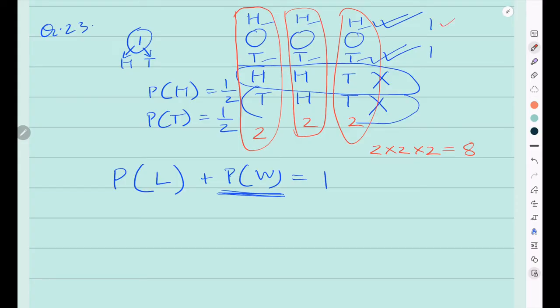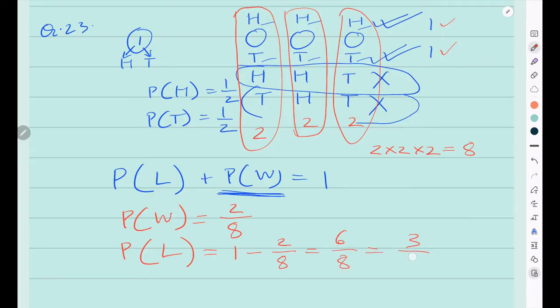And out of those 8, there are 2 combinations where he wins the game. So the probability of winning the game is 2 divided by 8, isn't it? So the probability of losing the game, which we need to find out, is 1 minus 2 by 8, that is 6 by 8, or 3 by 4.